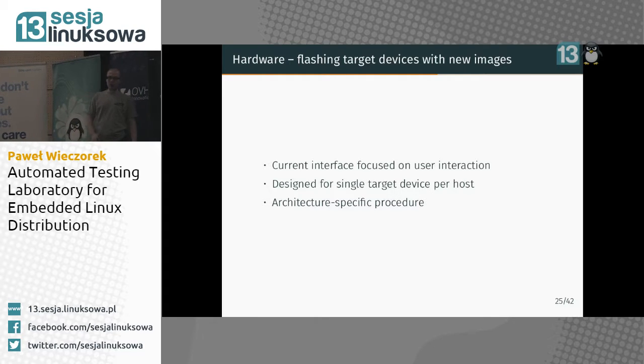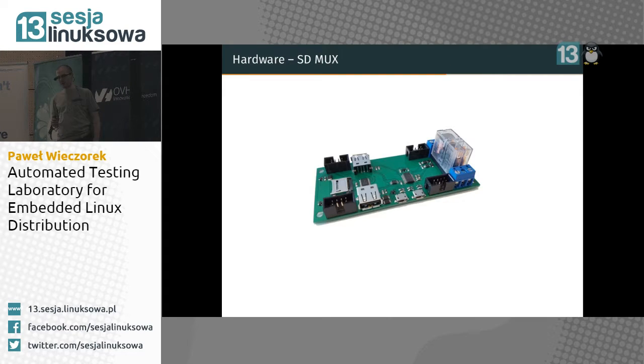Fortunately, all our target devices can be booted from micro SD cards, so we came up with the idea for a micro SD card demultiplexer. I will refer to this board just as SDMux. It provides us with a micro SD card slot, which can be redirected either to the target device or to the host device.